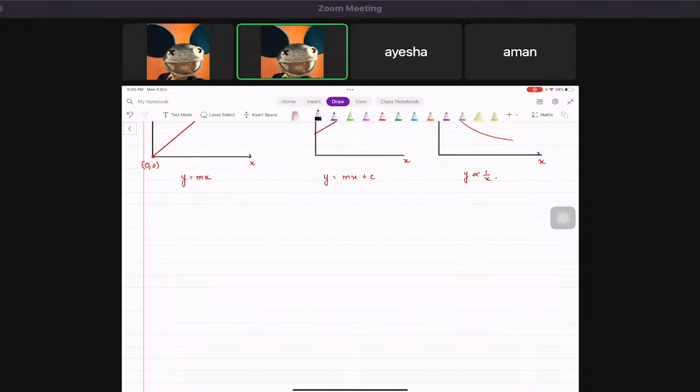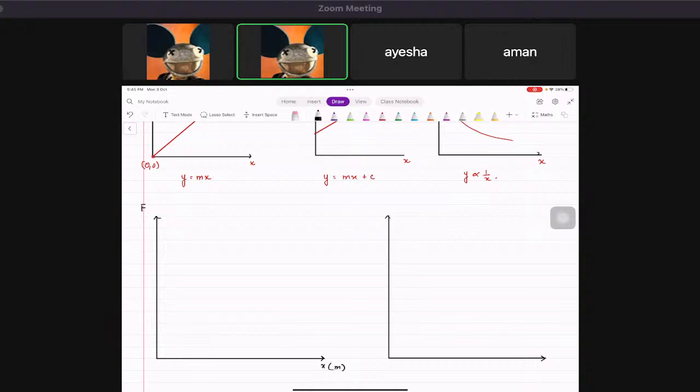Which basically means that there could be two kinds of graphs that you will see. In the first graph there is force and extension, extension is on the x-axis, force is on the y-axis, so the graph would look like this.